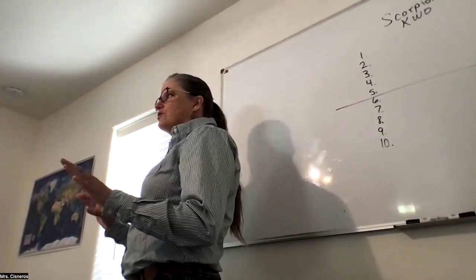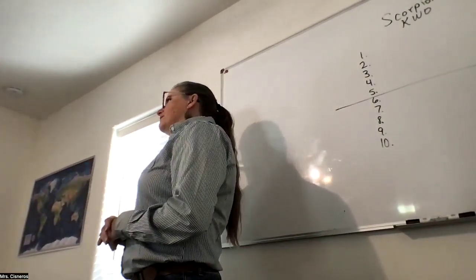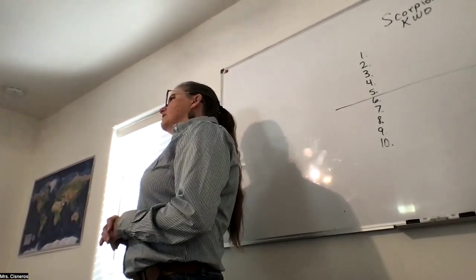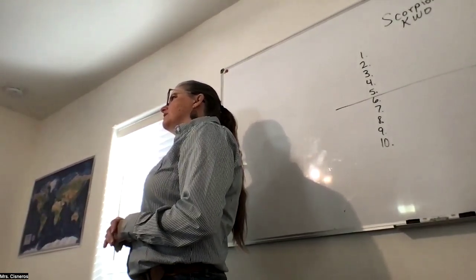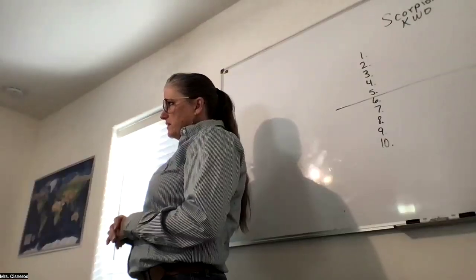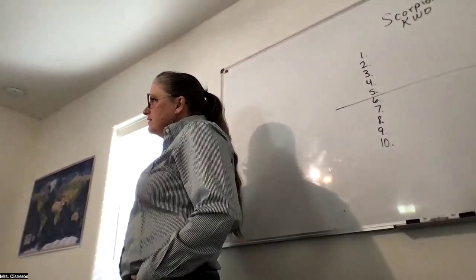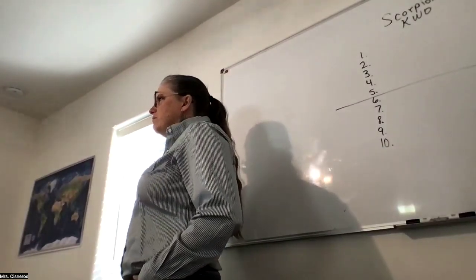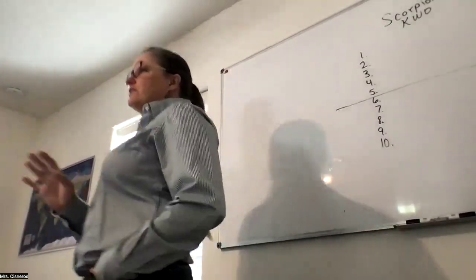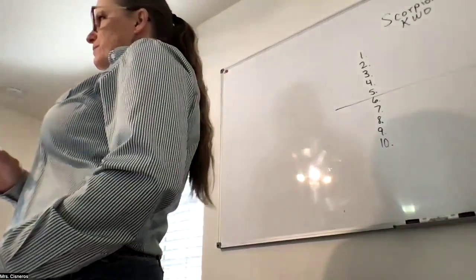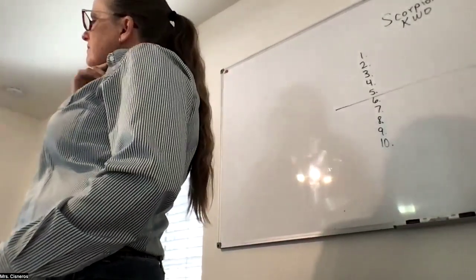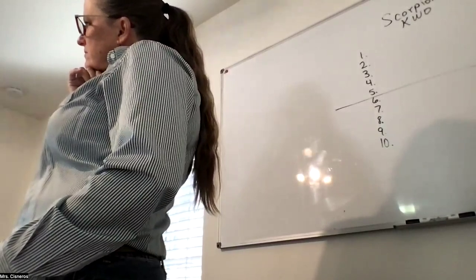Scorpions are not insects. They are like spiders. They have 8 legs with 2 pincers, and they have a barbed tail. Barbed. It's a hard one. That's okay. There are over 2,000 scorpion species that are venomous.